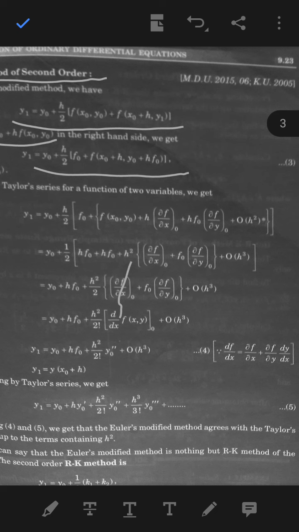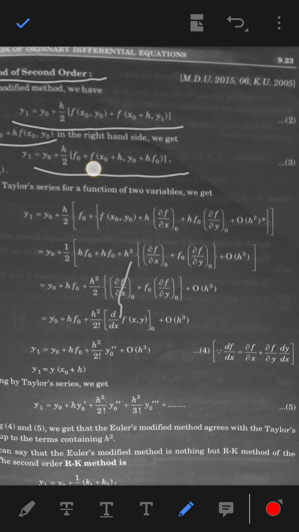So we apply or expand only this term by the Taylor series method. If we apply the Taylor series method here, we find that this will become f of x0, y0 plus, here the increment is h, so we can write h into curly f by curly x at x0 plus h into f0 curly f by curly y at x0 plus other higher order terms of h.